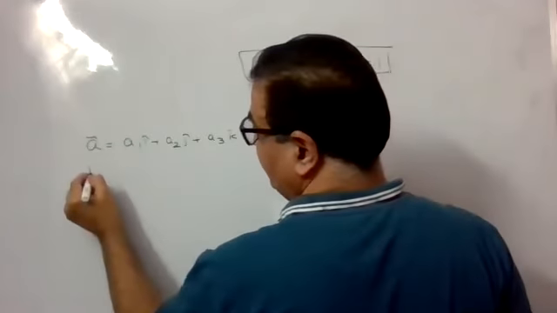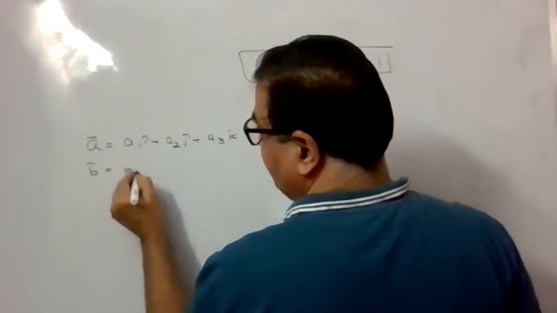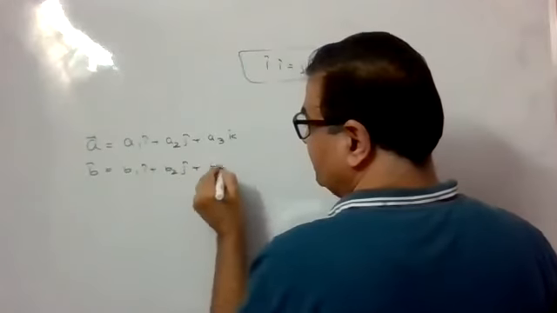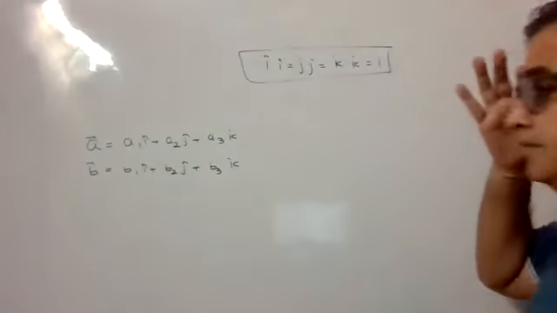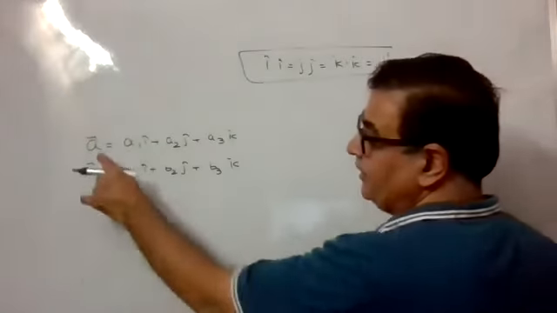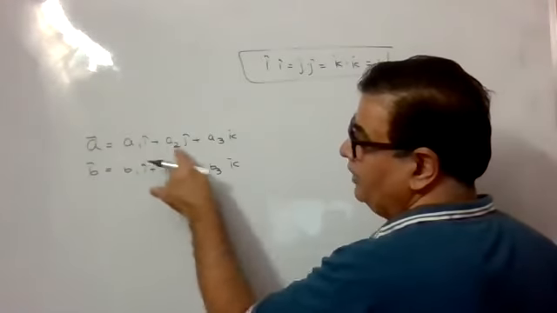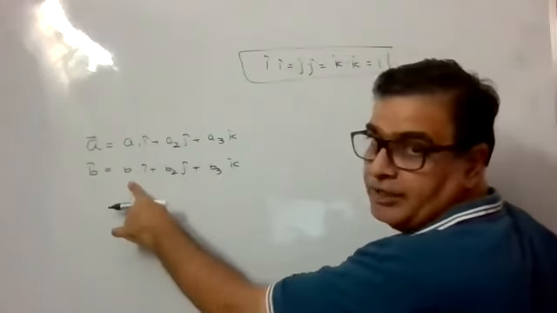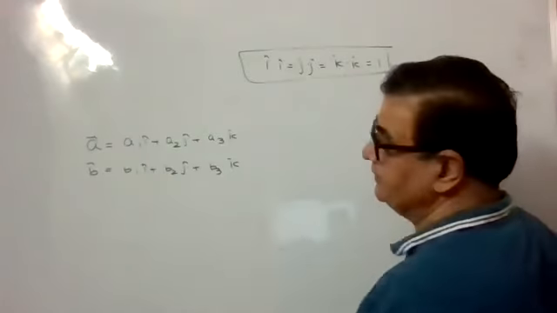This is vector A given. B vector is B1 i plus B2 j plus B3 k. These are the two vectors we have. This vector is in its component form A1, A2, A3. This is having components B1, B2, B3. These are the components along x-axis, y-axis, z-axis.